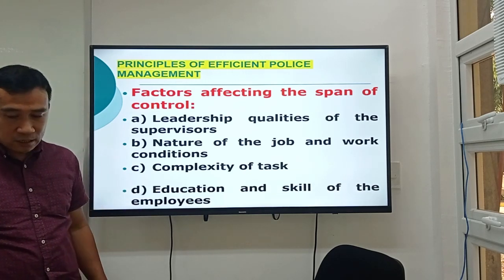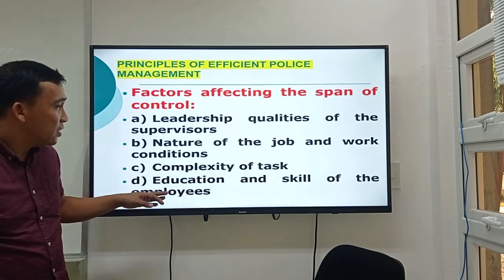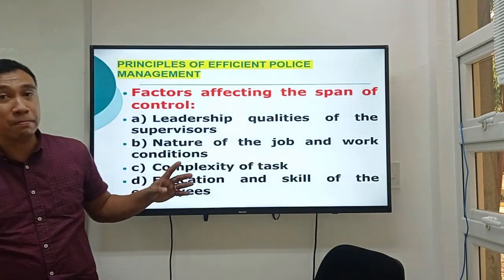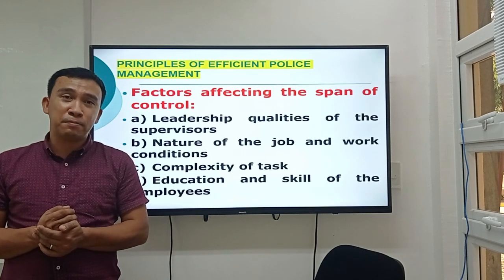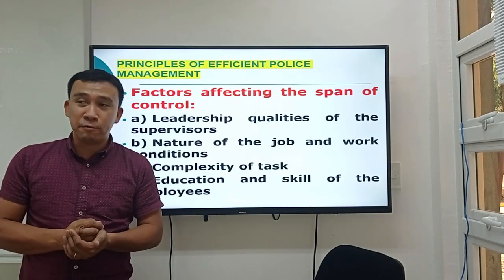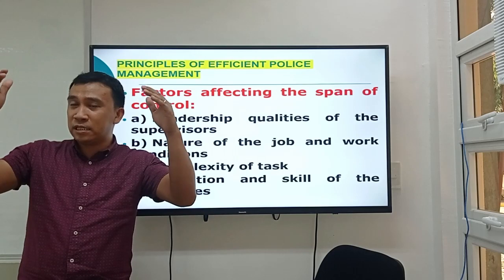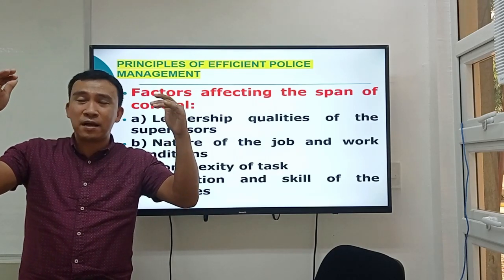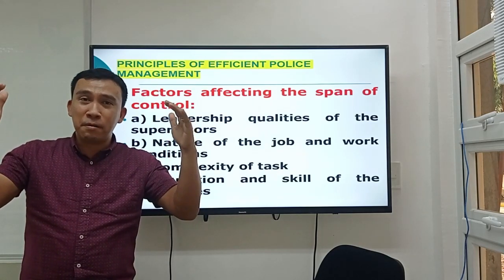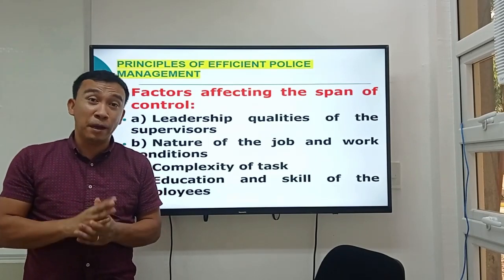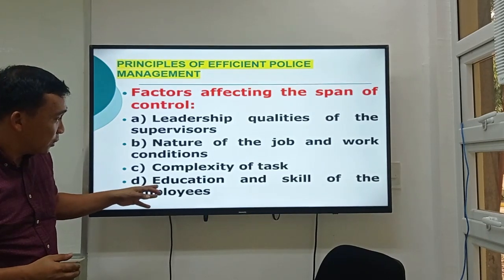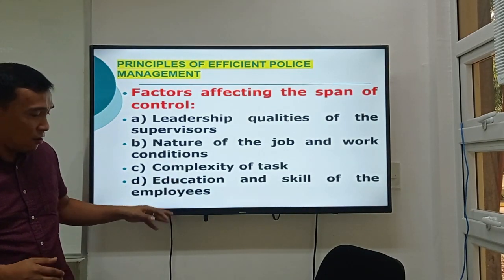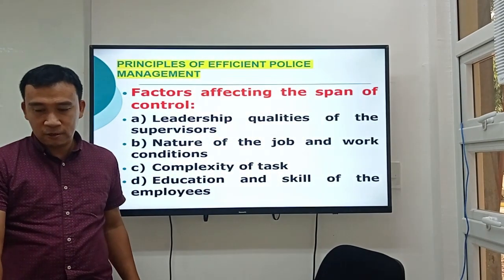And of course, letter D, education and skill of the employees. The more na mas mataas ang education, sabi nila, mas madaling hawakan. Pero mayroon nagsasabi, the more na mas nakakapag-aral, nagiging magaling ang hinahawakan mo, the more na mas mahirap mo silang hawakan. So, it can affect education and skills of the employees.